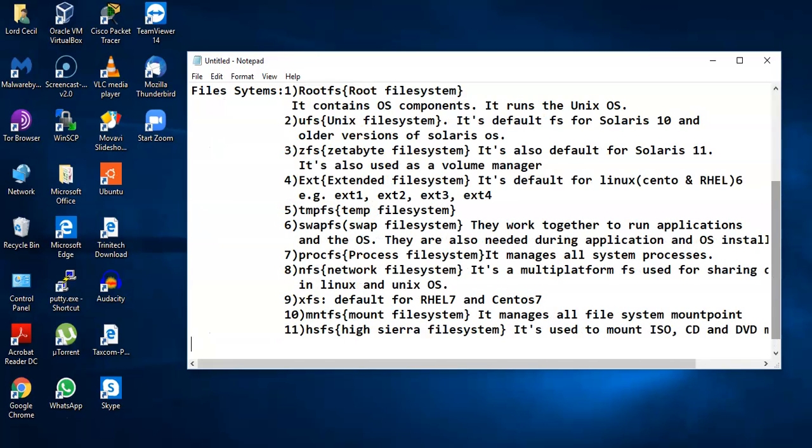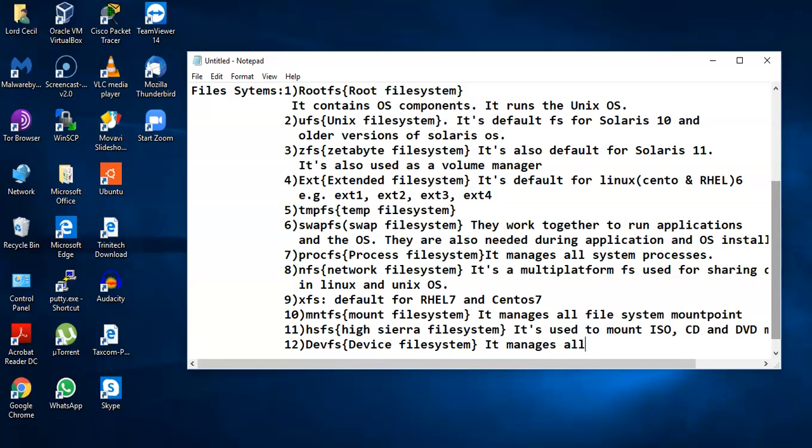The last one we're going to look at is DevFS, which stands for Device File System.